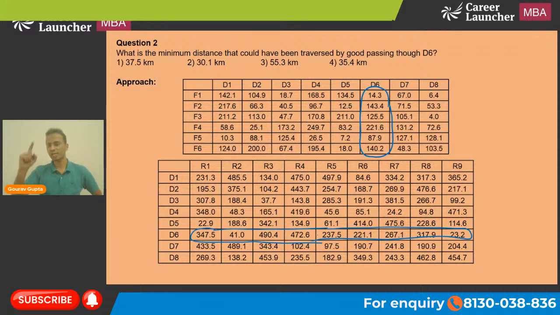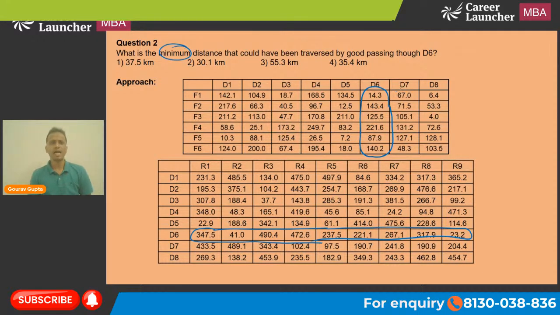So vertical for D6 from table number 1 and horizontal D6 from table number 2. I can start from any factory, I can go to any retailer, but I have to travel through D6. And we'll have to find out what is the minimum distance that is traveled.